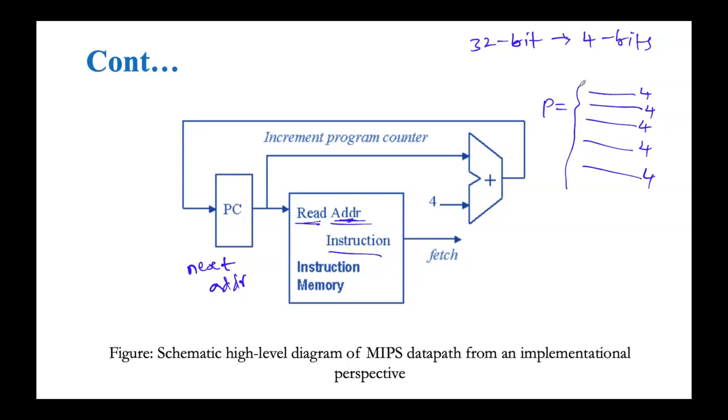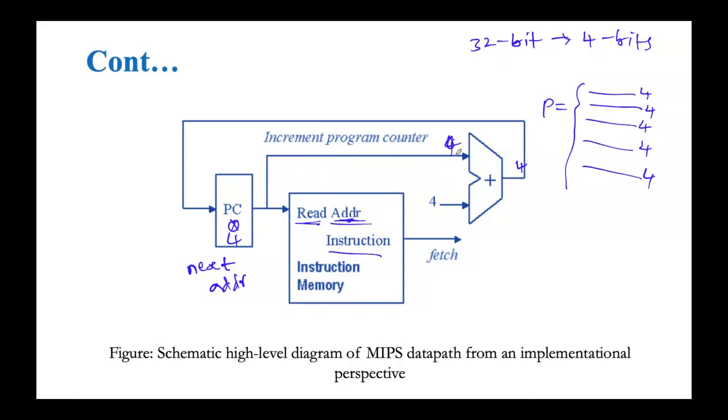Initially the program counter has the 0th address, which occupies 4 bytes. So to go to the next instruction, it adds 0 plus 4, which gives 4. So that is the next location of your instruction. In the next case, it will store 4.